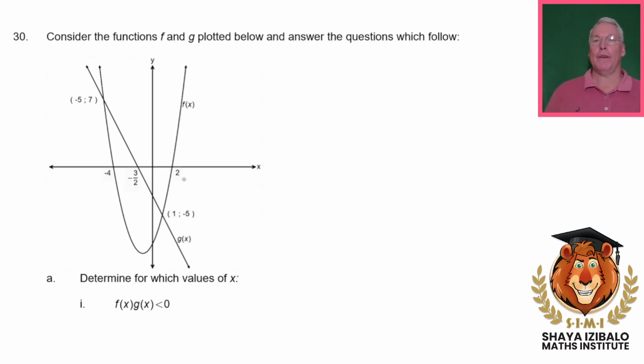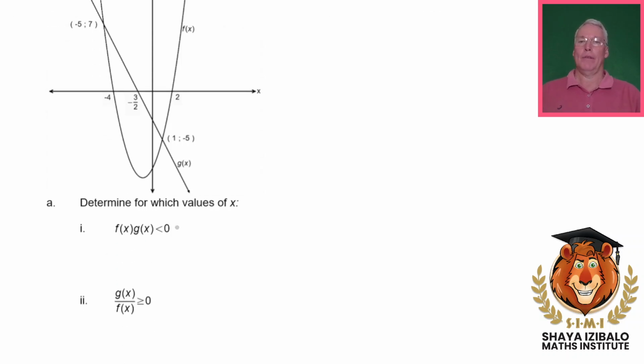Okay, so we've got f, the parabola, and g, the straight line. When we talk about f of x, remember what we're talking about actually? We're talking about the y value of f. And when we talk about g of x, we're talking about the y value of g. Now, how do we get a negative product?